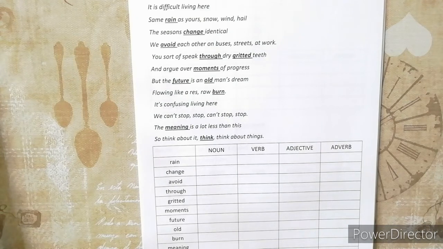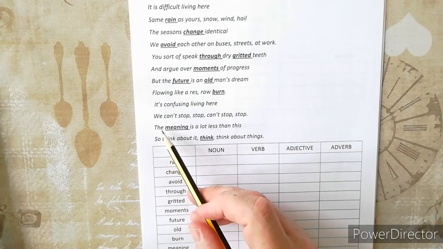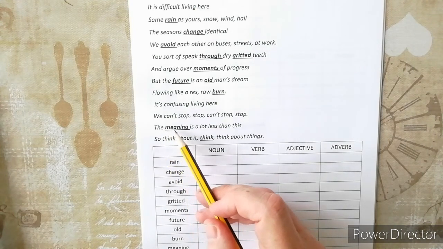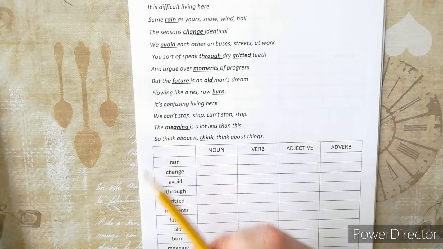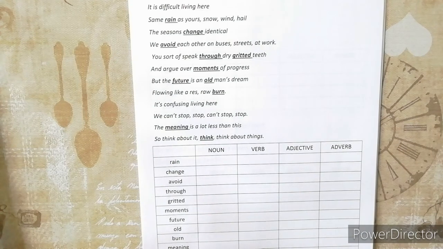Now you have to be careful with nouns because there might be an adjective in front of the noun. For example, we could put in here the real meaning. So even though we've got the word the, and then imagine the word real, that doesn't mean that real is a noun. Meaning is still the noun. Real is there to explain the noun. So that's an adjective.